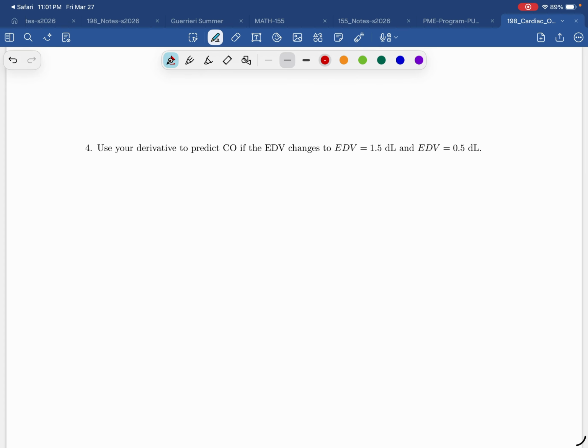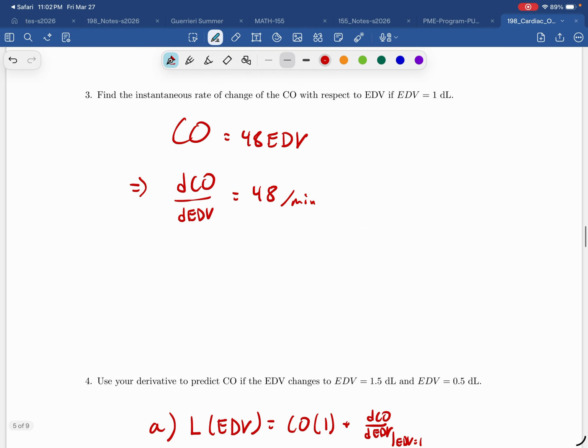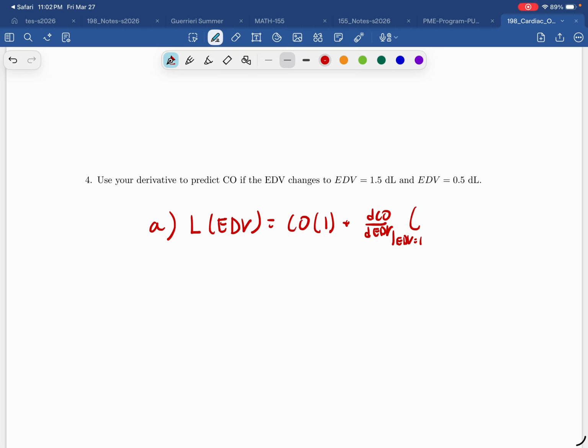Again, I'll do part A, you do part B. We're going to say that the linearization of cardiac output using EDV is going to equal cardiac output of our special value, 1, plus the derivative when EDV was 1, times EDV minus 1.